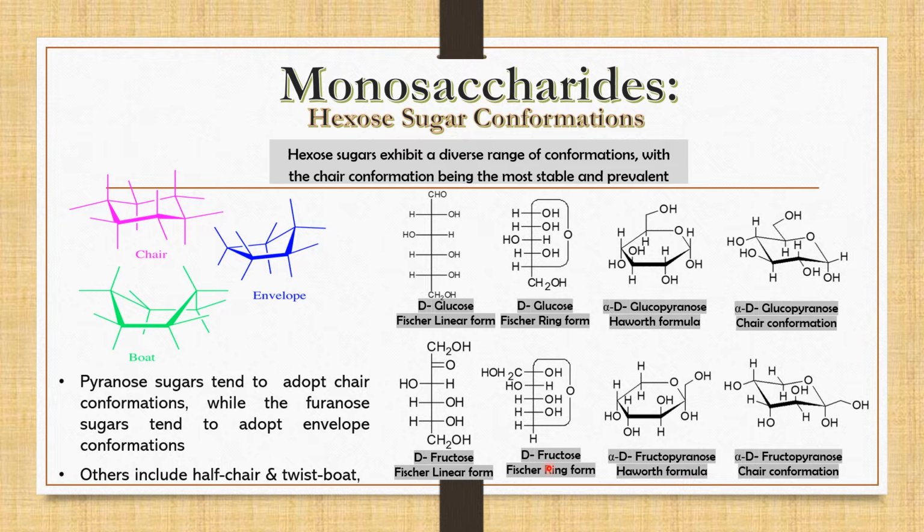The twist conformation is similar to the chair conformation, while the envelope conformation has the ring oxygen in the plane of the ring. Although there are exceptions, most aldohexoses adopt the chair conformation that places the bulky hydroxymethyl group at the C5 terminus in the equatorial position.